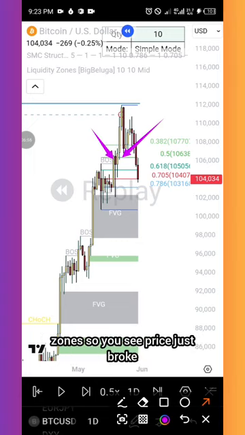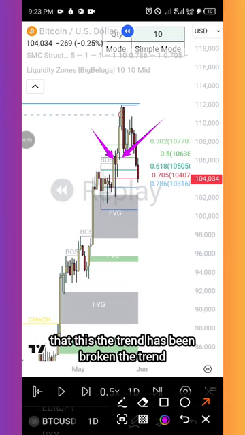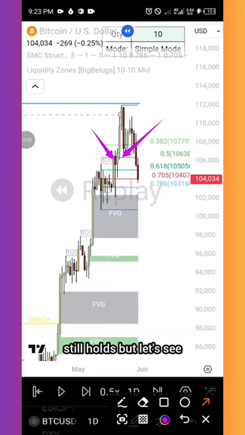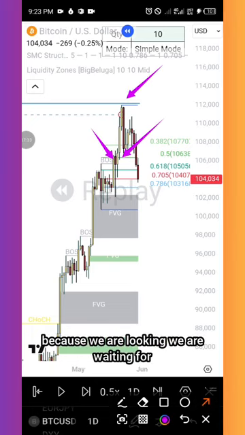You see price just broke that zone, came back down, but it doesn't mean that the trend has been broken. The trend still holds, but let's see. Now our main aim is to see how long it will take price to break this zone, because we're waiting for price to break this zone and give us a good break of structure.